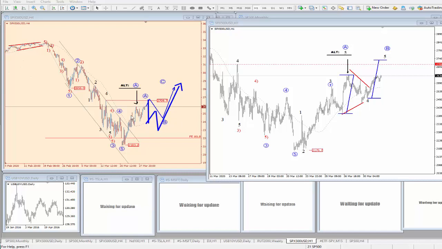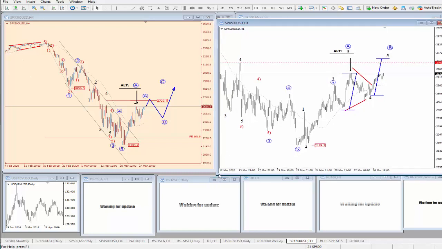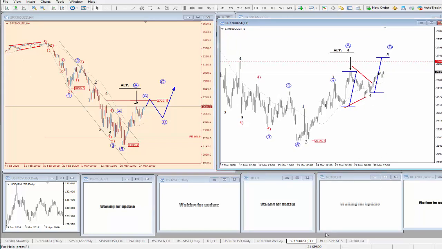So you really should be prepared that this ABC setback, once it unfolds, could be a very nice potential structure that will send us even higher, and you know what may follow on the other markets as well, obviously, because the markets are correlated.